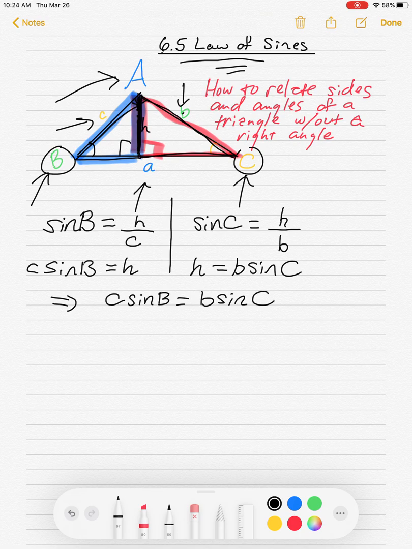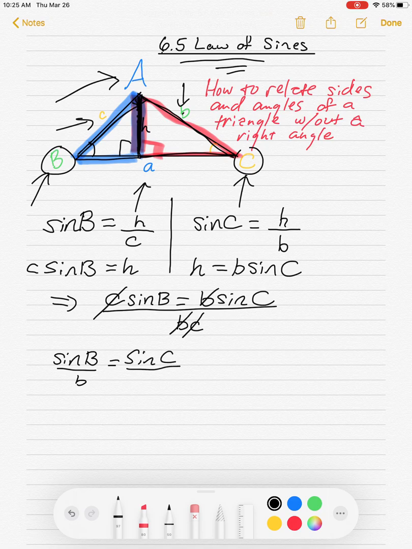So this is pretty much my law, but what we do to clean this up is we divide both sides of this by BC. Because here on the left, then I can cancel my C. So I'd have sine of B over B. And here on the right, I would cancel my B, so I'd have sine of C over C. So actually I can come up with the third variation of this rule just by relabeling the triangle.